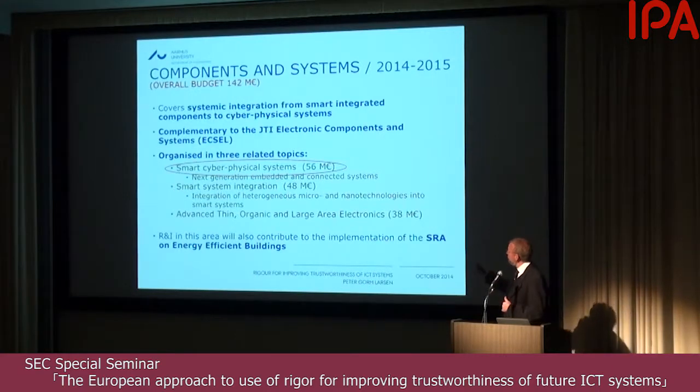I'll focus specifically on the one called Smart Cyber Physical Systems, in a new project that's just been granted and will start in January, when I come a little further in my talk.